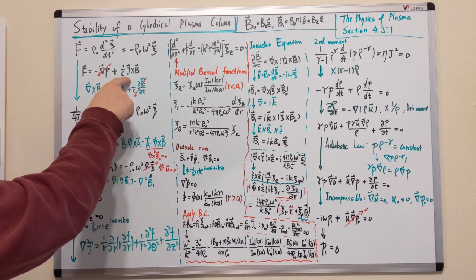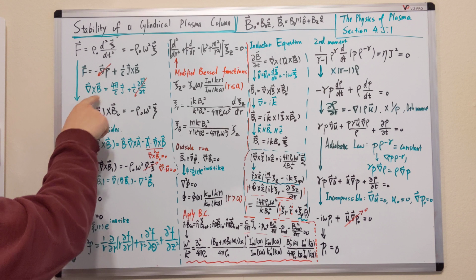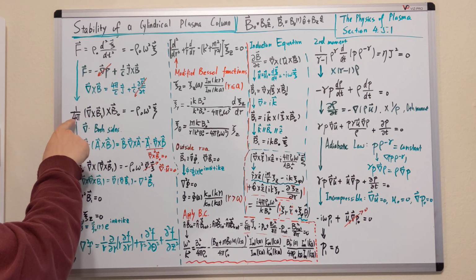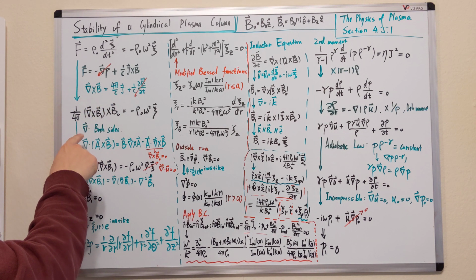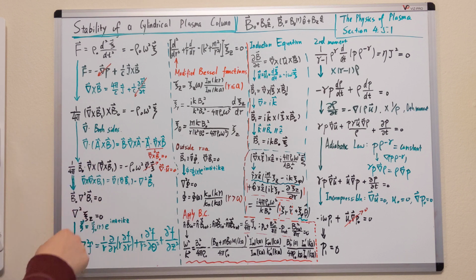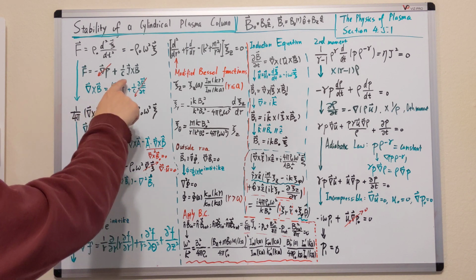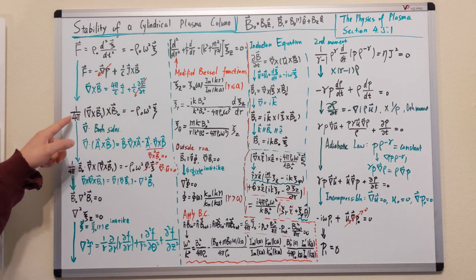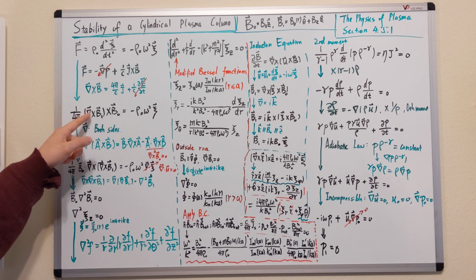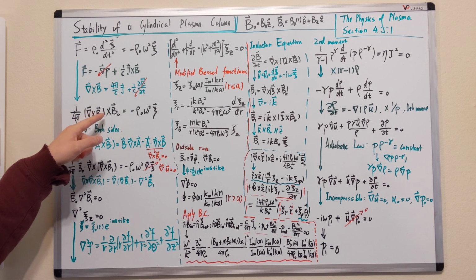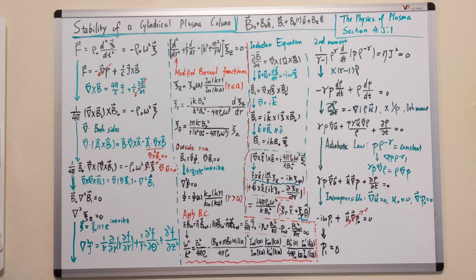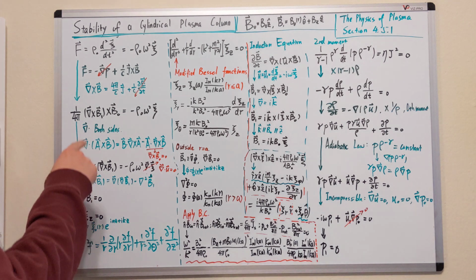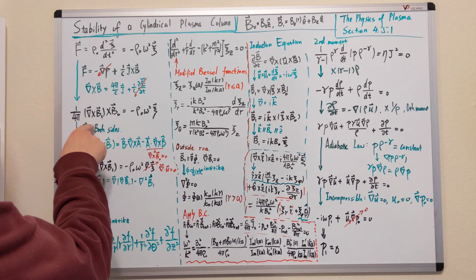So j can be substituted by c over 4 pi, and you divide it by c here, then the c cancels out. We have 1 over 4 pi curl b1 cross b naught. And we take the curl on both sides.